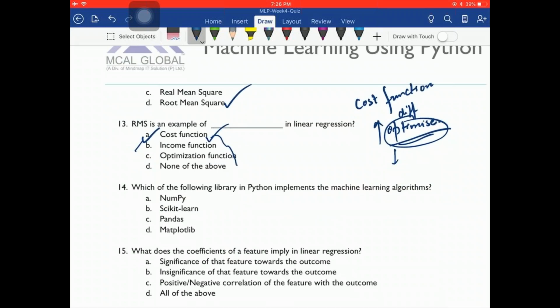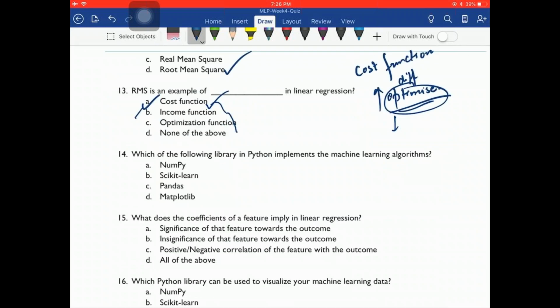Which of the following libraries in Python implements the machine learning algorithms? scikit-learn. Excellent, Sunil. So let me write here.